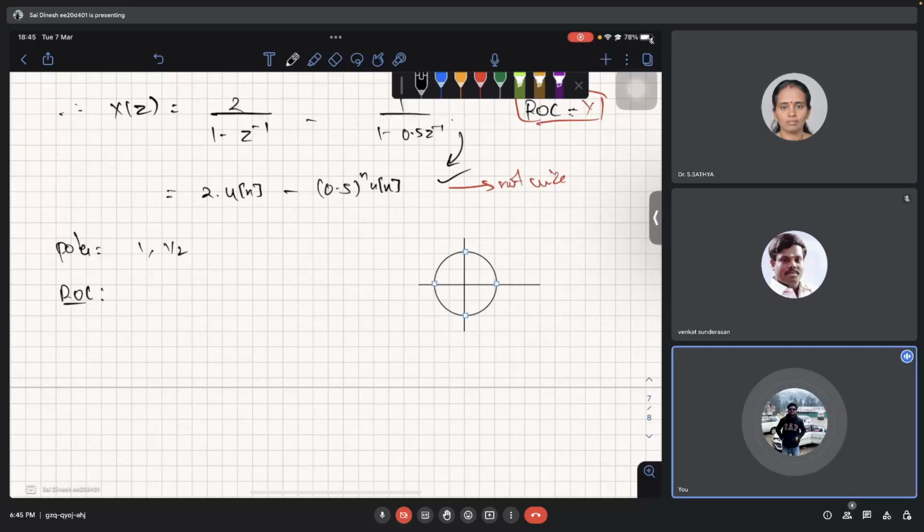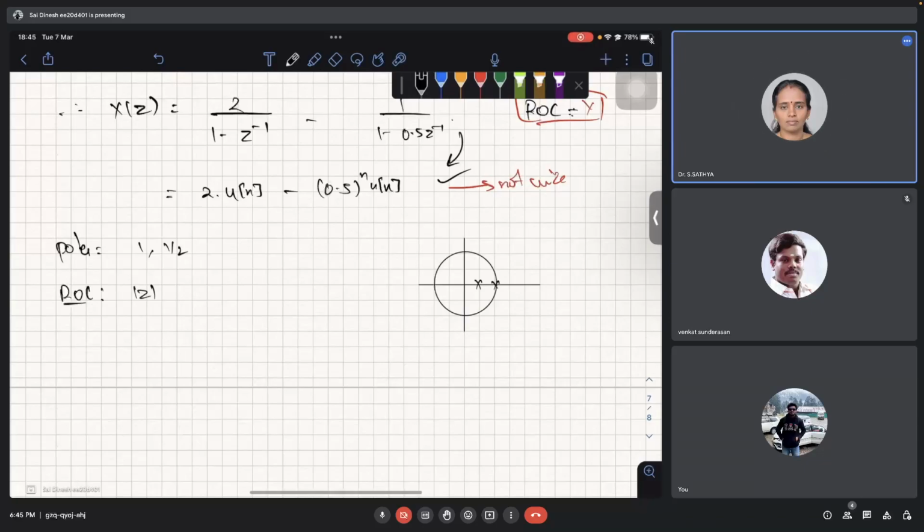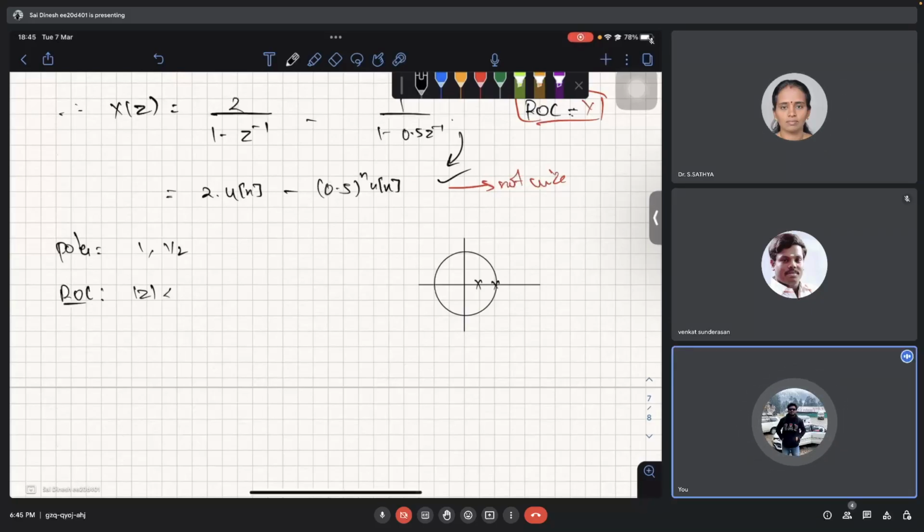So less than, greater than, and in between. Yes. So mod z less than 1 by 2, and then 1 by 2 less than mod z less than 1, and then mod z greater than 1. Yes, exactly.